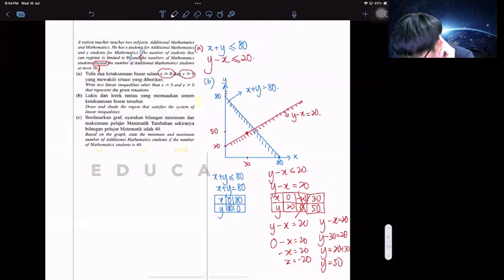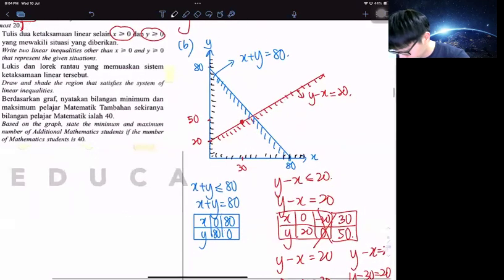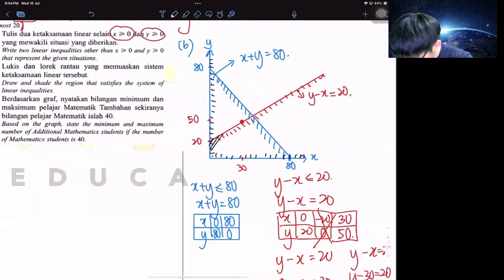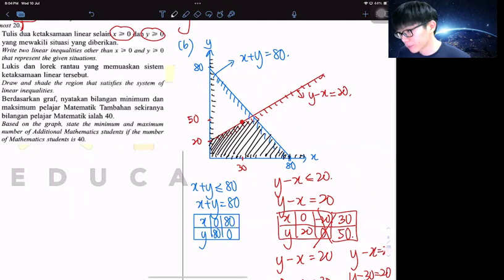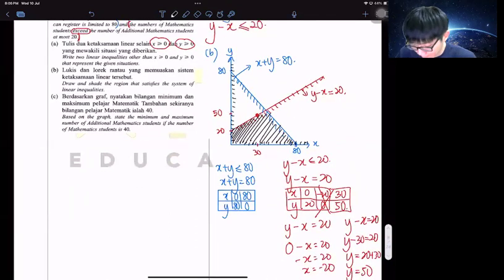Okay. The two defaults. Right. The answer should be here, just over here. Okay. This is B.